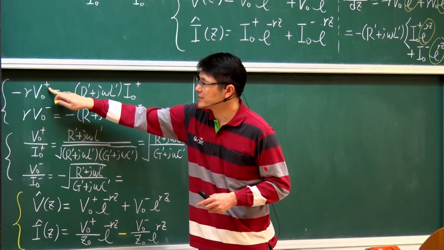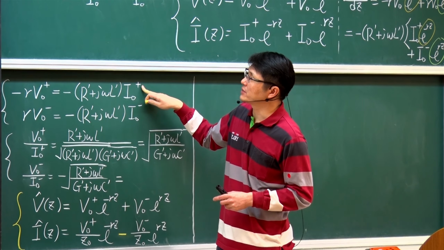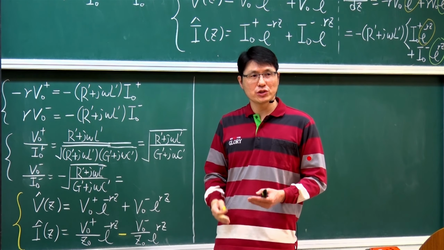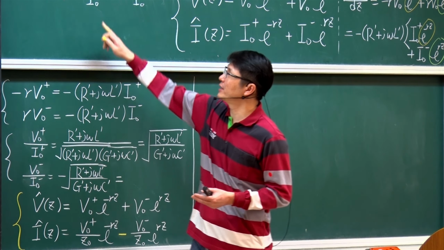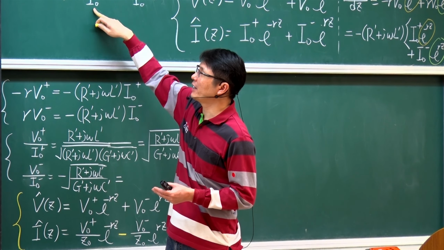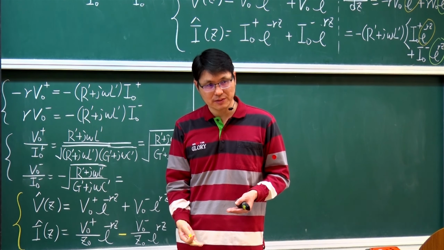So let's take a look. I performed a detailed derivation for you. From the first equation, I can have V0 plus divided by I0 plus. This is what I intended to define because V divided by I is your impedance.